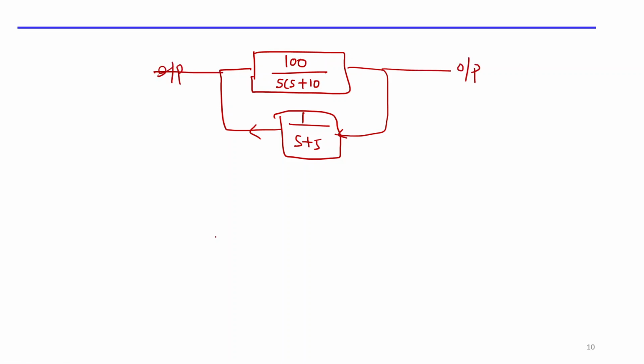Now tell me what is the steady state error of this one. All of you please do. Sir, is this 1 by s plus 5? S plus 5, sir.